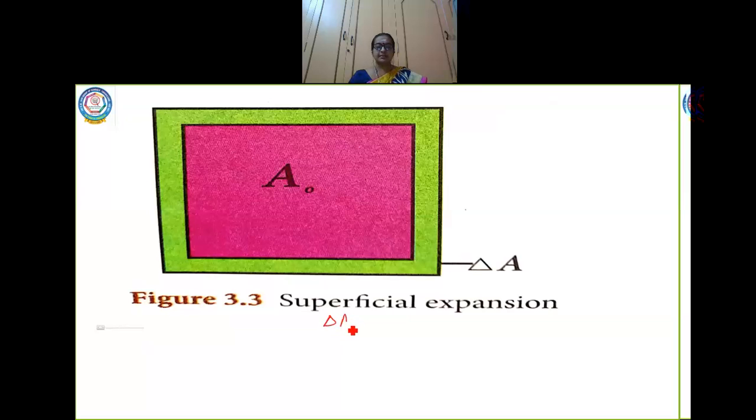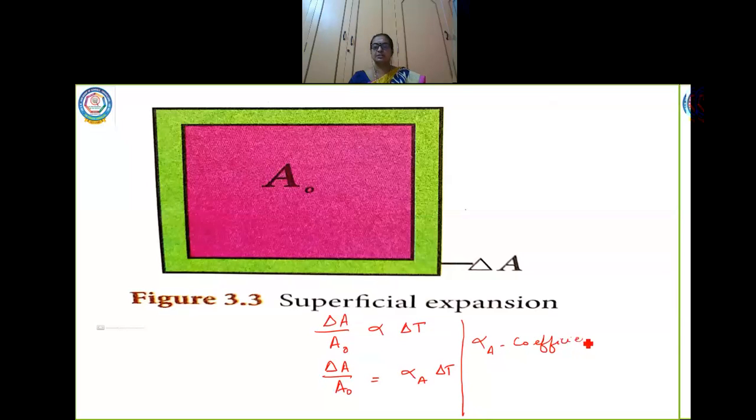It is given by the ratio of del A by A naught, that is change in area to its unit area, which is proportional to the change in temperature. Now this proportionality is again replaced by a constant which is called as alpha A into del T. Again I will write what is alpha A here. Here again this alpha A is nothing but you call it as coefficient of superficial expansion.